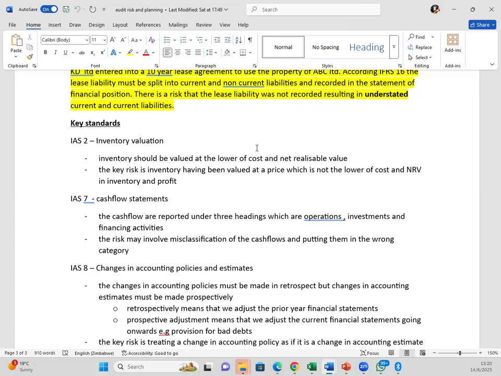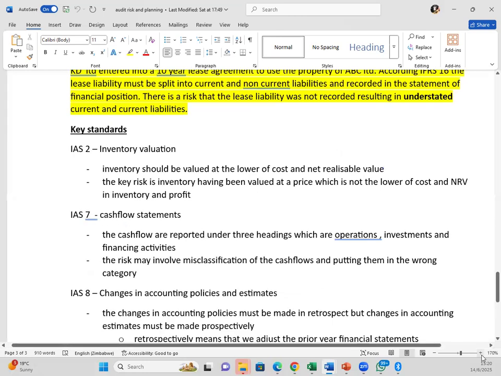For changes in accounting policy and changes in accounting estimates, the key risk is that the company can have a change in an accounting estimate, but that change is treated as if it's a change in policy, or the other way around.